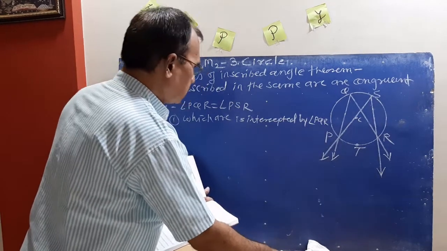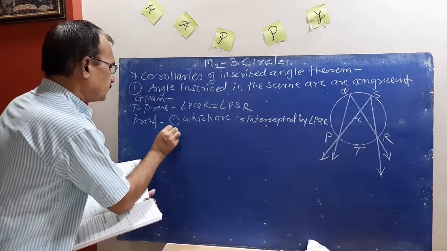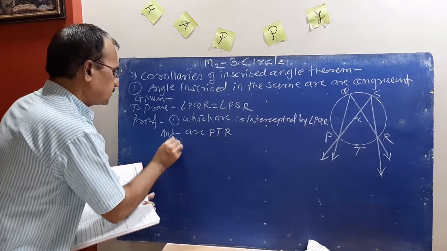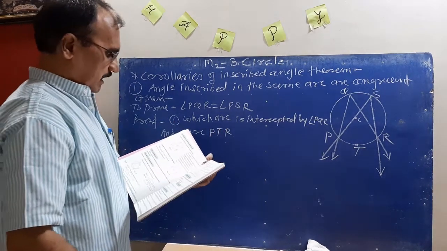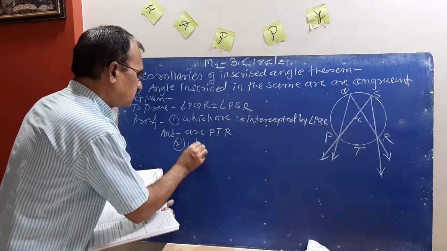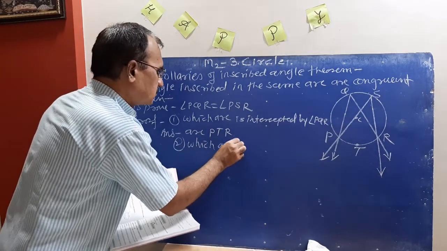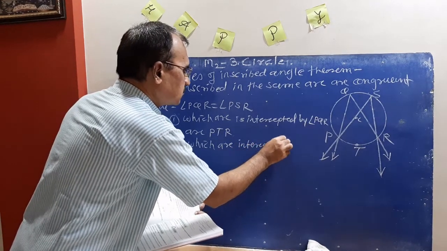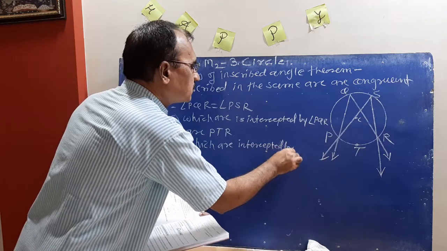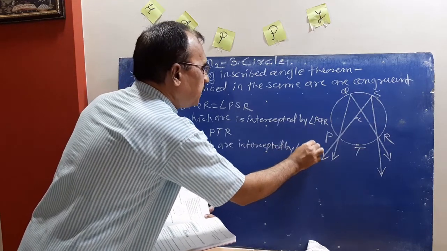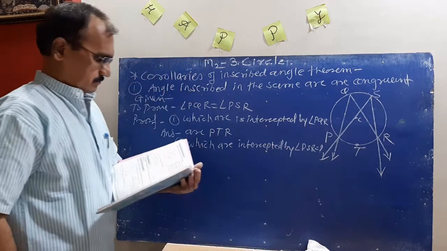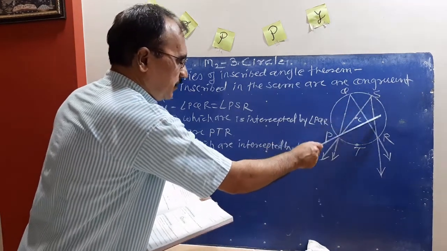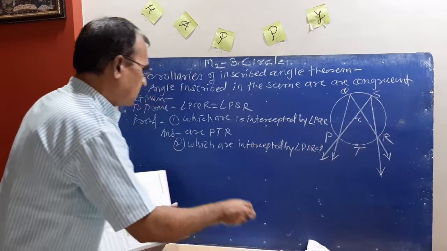Arc PTR. This is the answer. Second question: which arc is intercepted by angle PSR? The same arc, arc PTR.